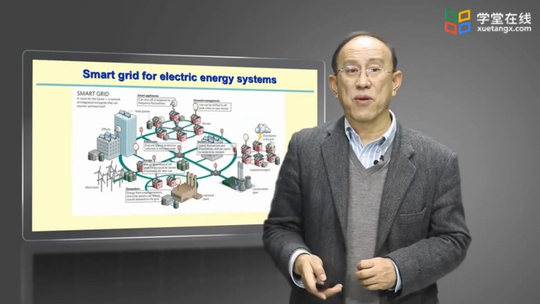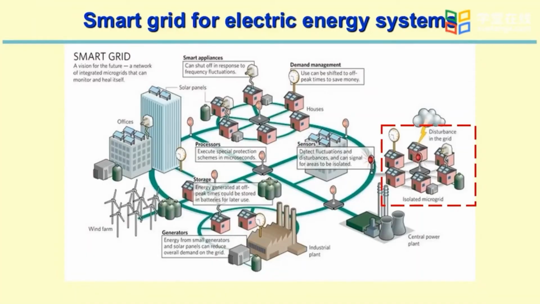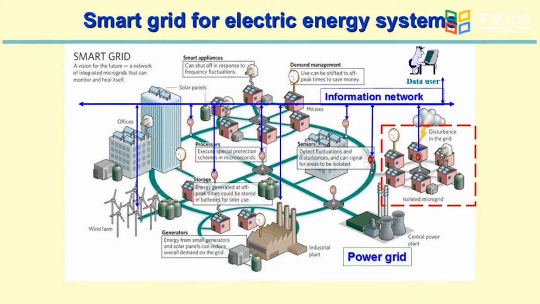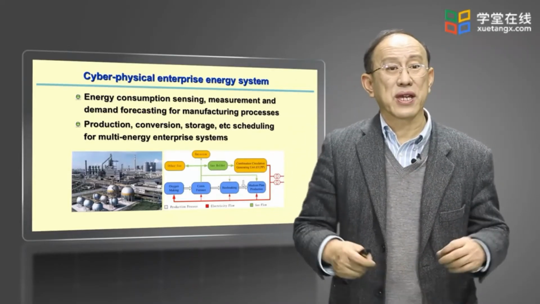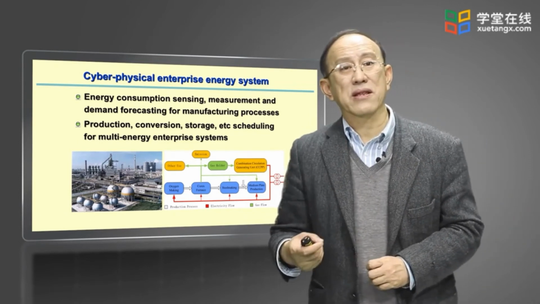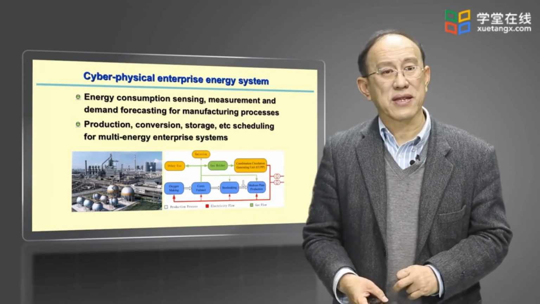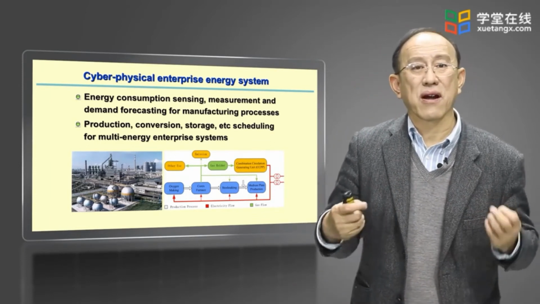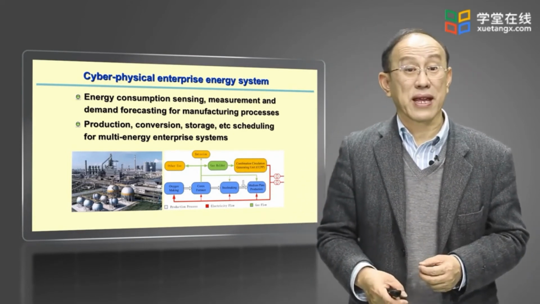This includes the smart grid for the electrical energy system, the integration of the power grid with the information network, and the cyber-physical enterprise energy system, including energy consumption sensing, measurement, and demand forecasting for the manufacturing processes, and the production, conversion, storage, and scheduling for multi-energy enterprise energy systems.